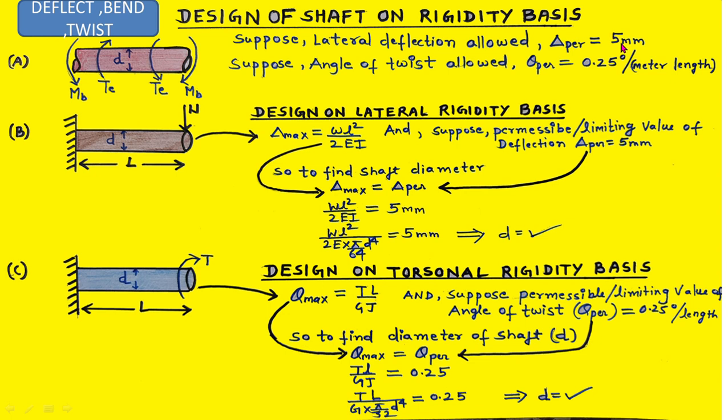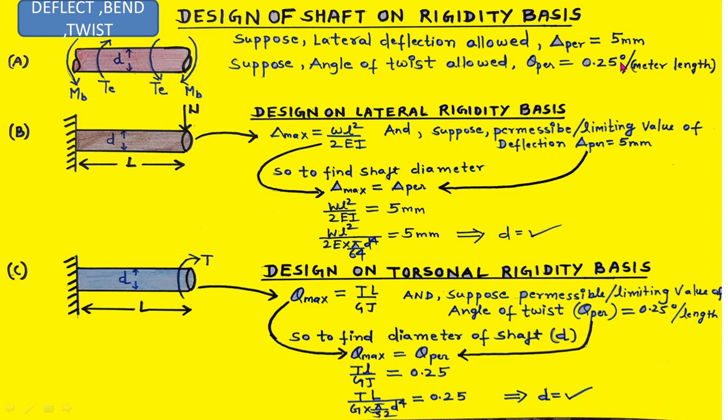under lateral rigidity. Now suppose I say that the maximum angle of twist allowed is 0.25 degree per meter length for this application. If the angle of twist of the shaft because of this loading condition is smaller than 0.25 degree per meter length, then the design is safe.